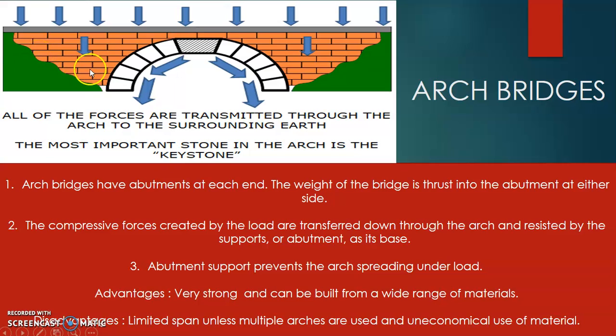If you are talking about the arch, the construction traditionally uses stone to produce an arch. But in reality, the arch can be made of RC, reinforced concrete, and also can be made of steel.